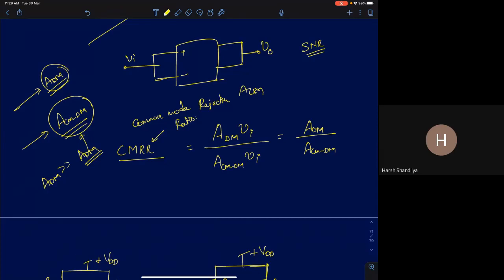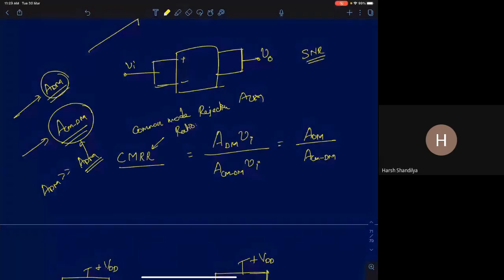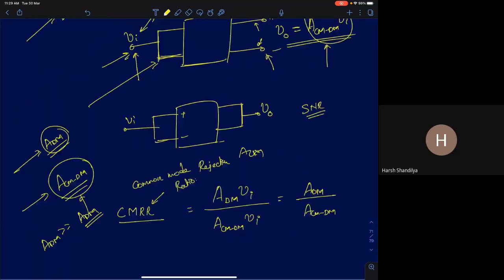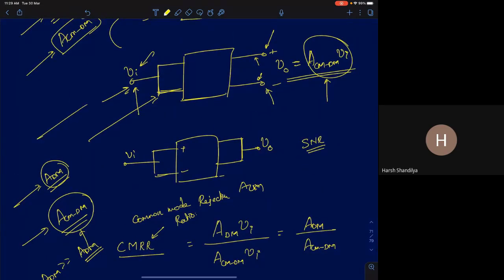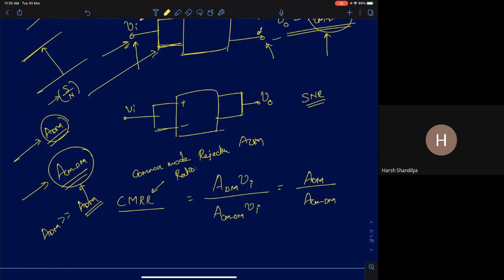Is that fine, or is it not clear yet? I need to be very clear here. When I say SNR, signal to noise ratio, I am directly calculating noise. I need to know the noise power, then I need to know the signal power, and then I know the ratio of signal to noise power.